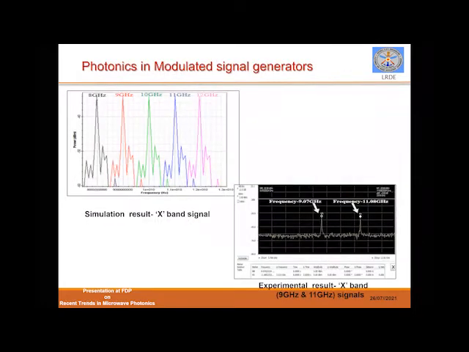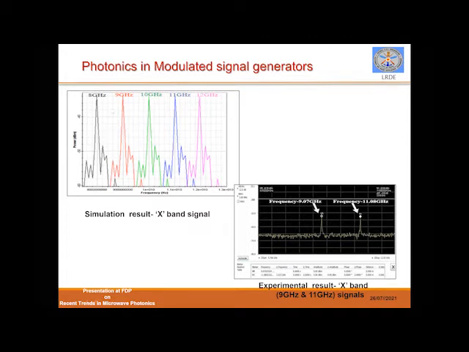And another thing is modulated signal generation. That means out of the two lasers which I showed in my previous slide, if I am able to keep one laser stable and program the other laser in such a way that it varies with respect to time with a particular slope, lambda variation with t in a typical format, you will be able to generate an LFM signal at the output.